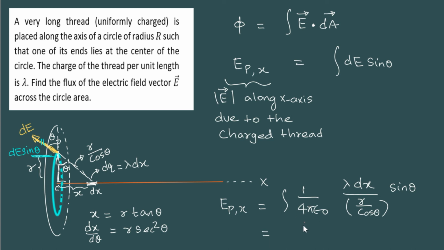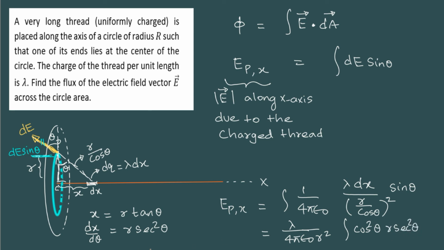So let's pull constants out. I think I forgot something. I'm supposed to square here, right? So distance square, yeah. So let's pull constants out: lambda by 4 pi epsilon naught, and even r square is a constant, so let me pull that out. Inside the integral, I have cos square theta, so this flips over, and then dx is going to be r secant square theta.